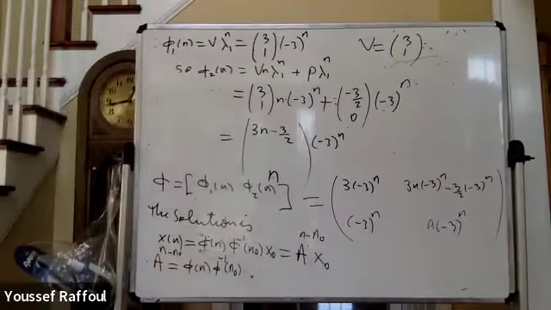Okay. So that is your A to the n minus n naught. All right. So you need to find the inverse though, to be able to find the solution.